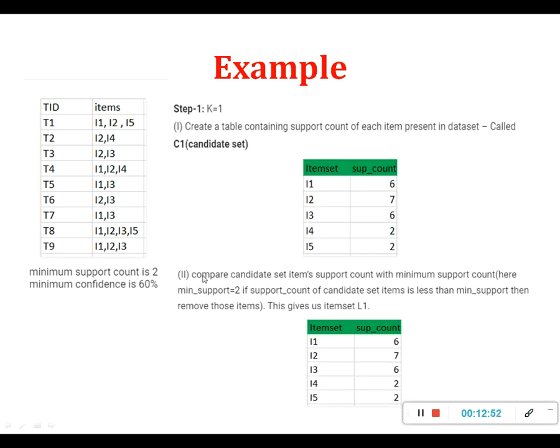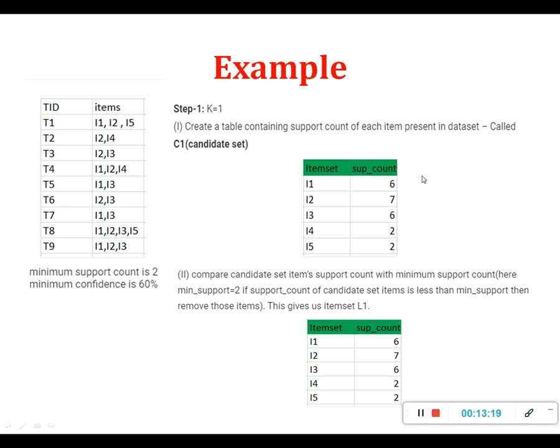In step number 2, we have to compare the candidate set, meaning whatever we have generated as C1, we need to compare our candidate set item support counts with the minimum support count to declare which item sets are frequent and which are infrequent. The minimum support count is given as 2, so I will check each item set of this candidate set to see whether it satisfies the equation.